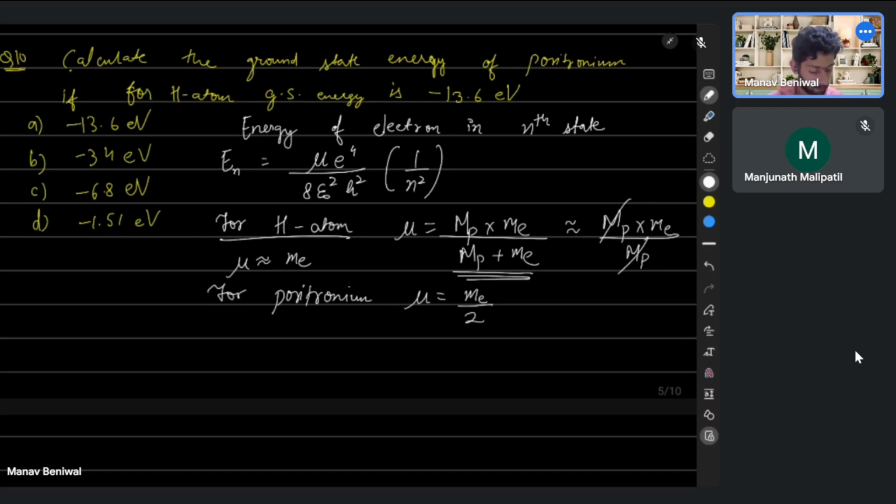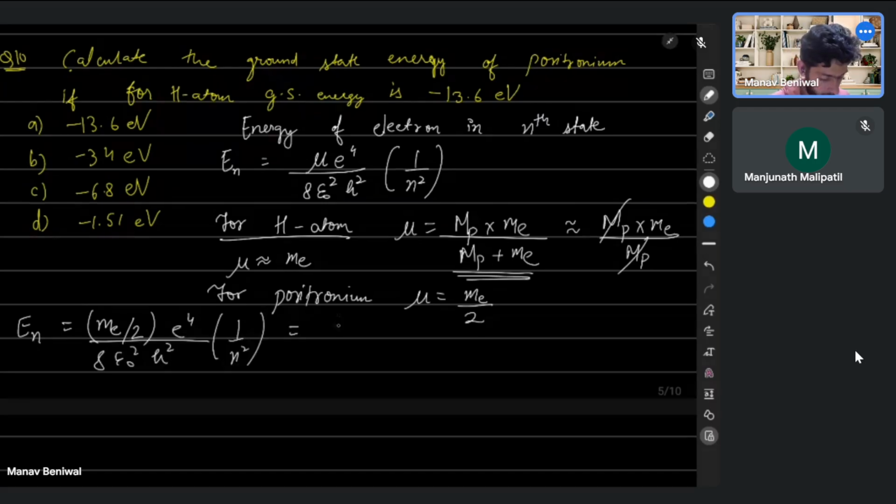So for positronium, En will be (me by 2) e to the 4 upon 8 epsilon naught squared h squared times 1 over n squared, and this is simply whatever we get for hydrogen, so E of hydrogen over 2.